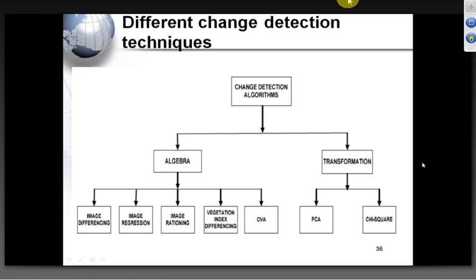So basically, different change detection techniques are described in this diagram, the block diagram of various change detection algorithms, classified into two: algebra and transformation. In algebra, there is image differencing, image regression, image ratioing, vegetation index differencing, and CVA, that is change vector analysis.